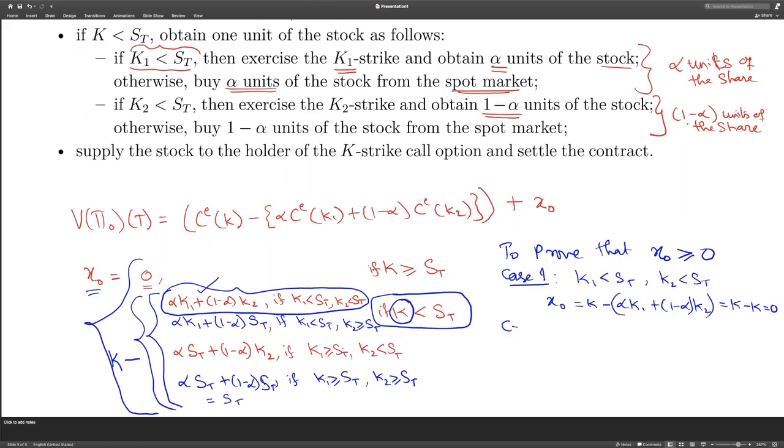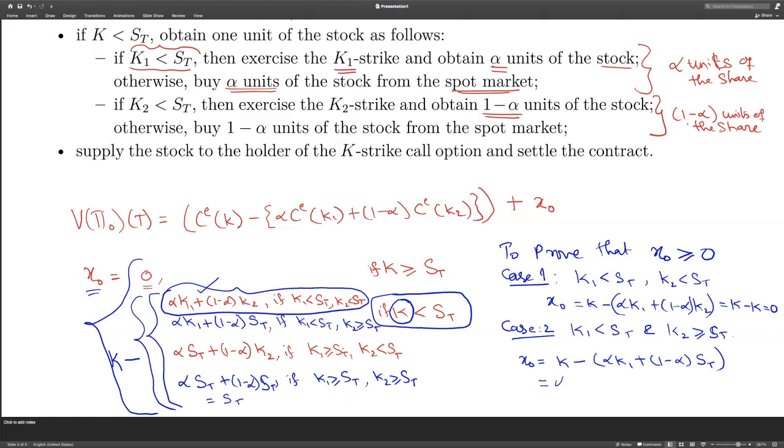Let's take case 2, that is when K1 is less than ST and K2 is greater than or equal to ST. In this case, X naught is given by K minus alpha K1 plus 1 minus alpha ST, right? Now again, what is K?